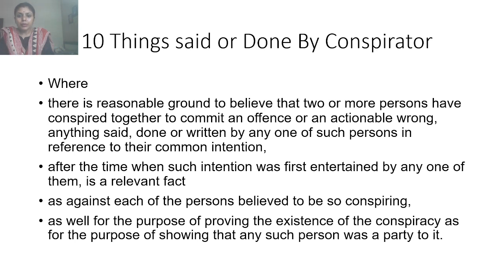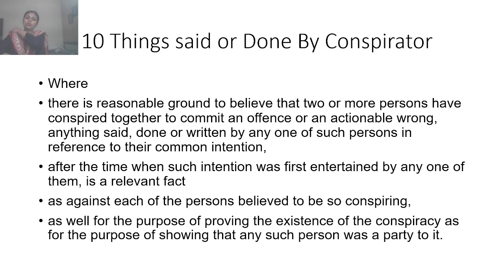Where there is reasonable ground to believe that two or more persons have conspired together to commit an offense or an actionable wrong, anything said, done, or written by any one of such persons in reference to their common intention, after the time when such intention was first entertained by any one of them, is a relevant fact.